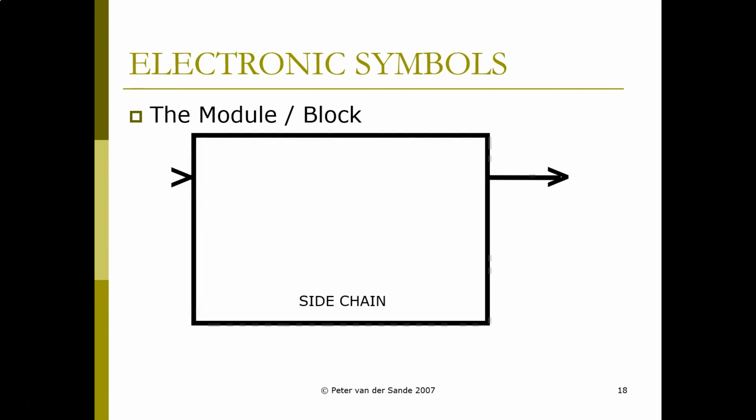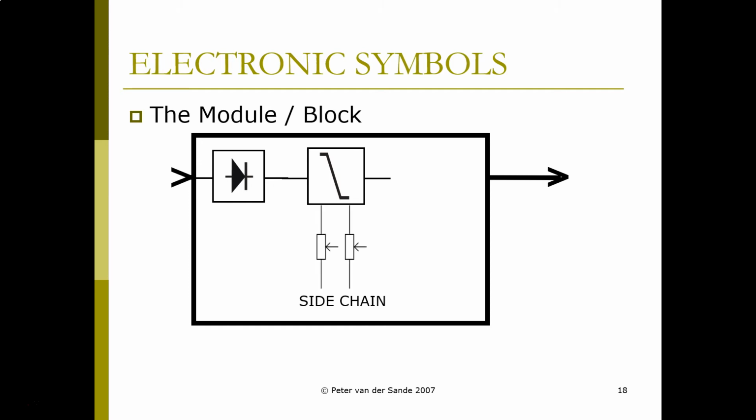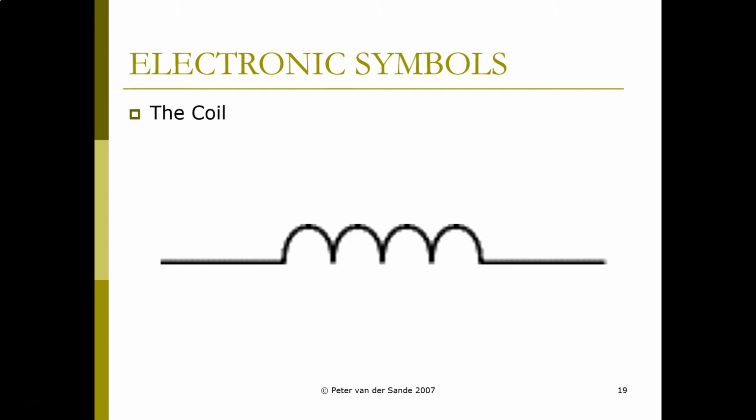Now, looking at our side chain again, you might have one of those rectifiers that only allows part of the signal to pass through, and then a low-pass filter, and that may be controlled by two different inputs that vary the amount of the low-pass filter and the frequency of the low-pass filter, and then you're going to amplify the output and then send it to the output of the entire block. So all of those functions, the rectifier, the low-pass filter, and the amplifier, are the function of this particular system.